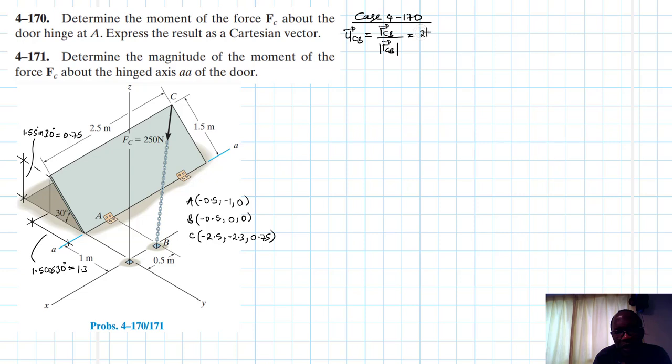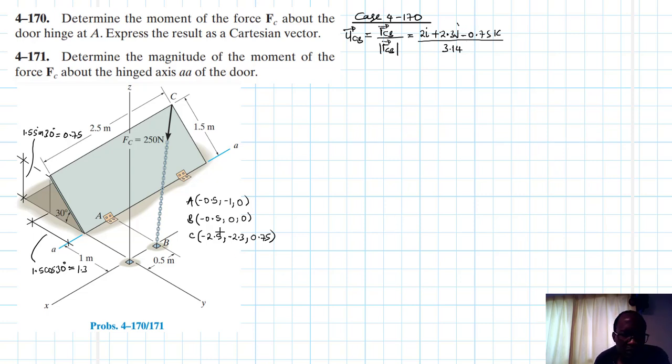So this becomes 2i, and then 0 minus minus 2.3 becomes plus 2.3j, and then 0 minus 0.75 becomes minus 0.75k, divided by the magnitude, which is the square root of 2 squared plus 2.3 squared plus 0.75 squared. This is 3.14.